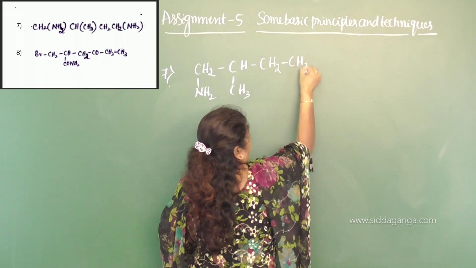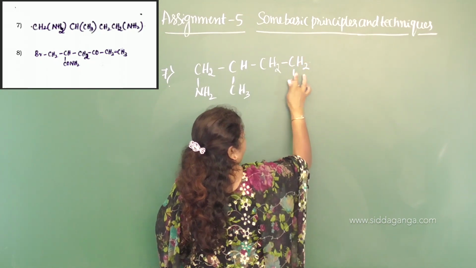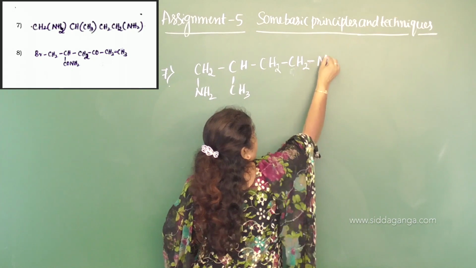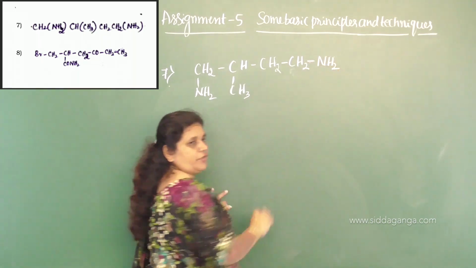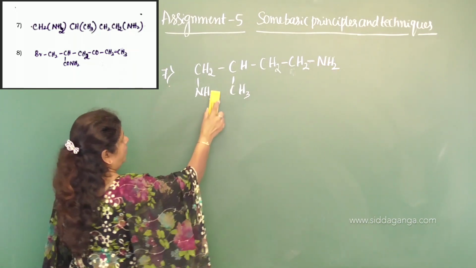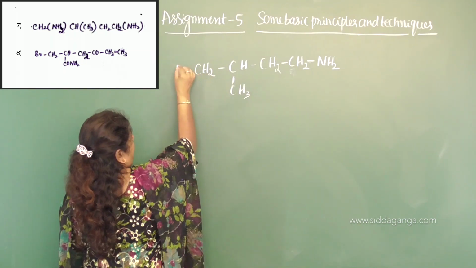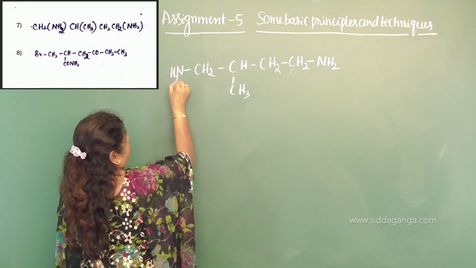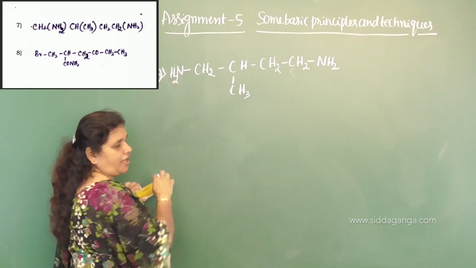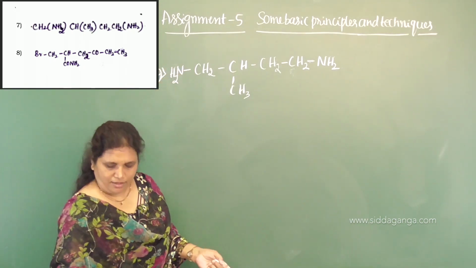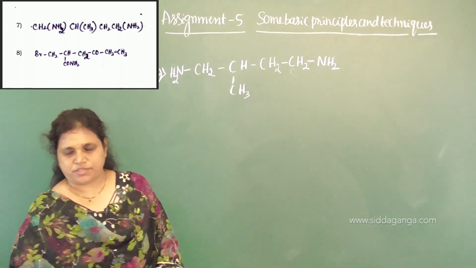CH2 again, in a bracket NH2, that is you can write like this, NH2. Okay. Now here also if you want you can write this here, it belongs to this NH2. So there are two amine groups here, two functional groups, two amine groups.